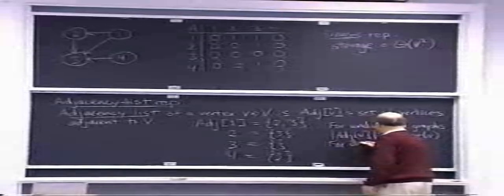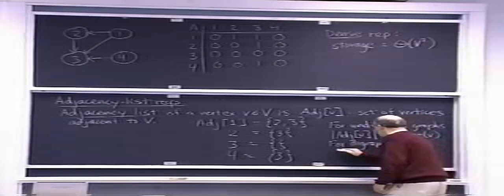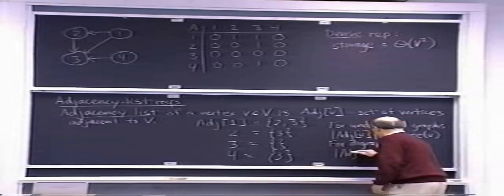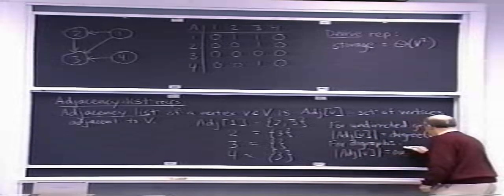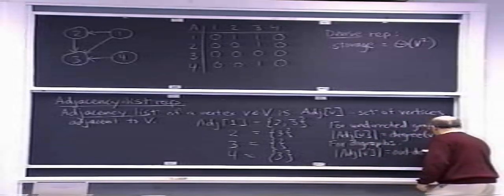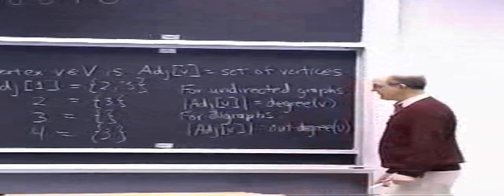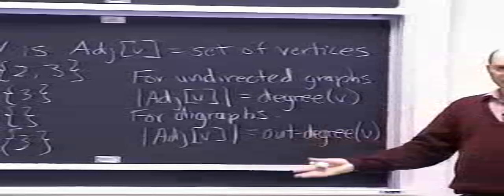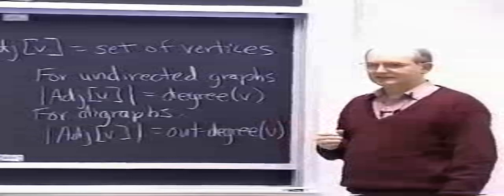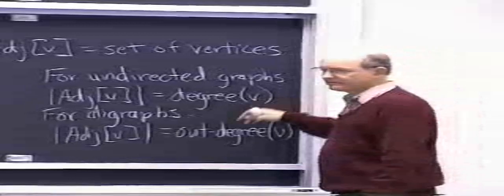For directed graphs, the size of the adjacency list is what we call the out degree of v. So for directed graphs, we have a notion of an out degree and an in degree. For undirected graphs, we just have the notion of the degree.